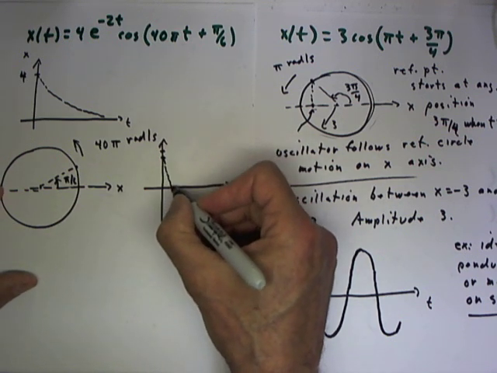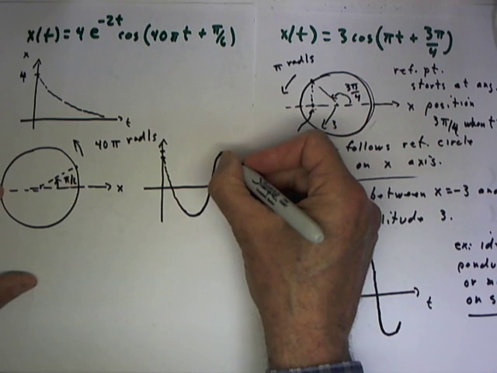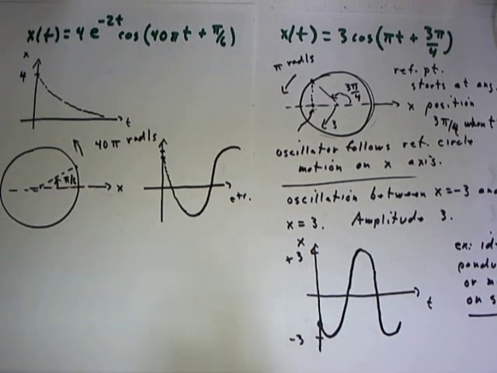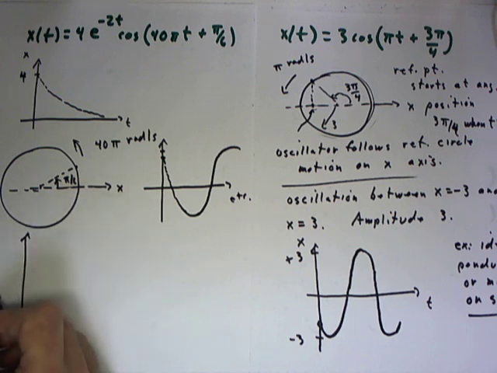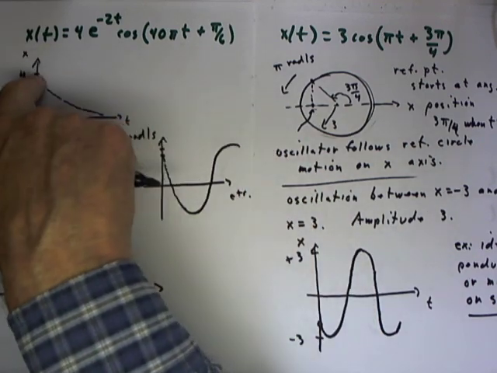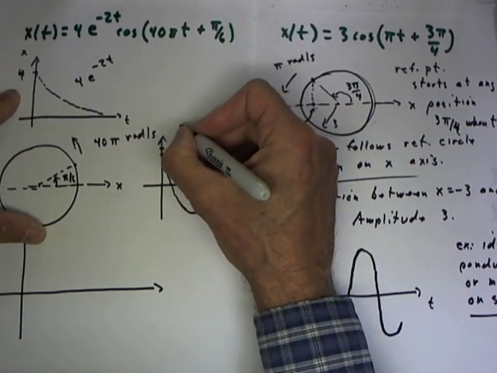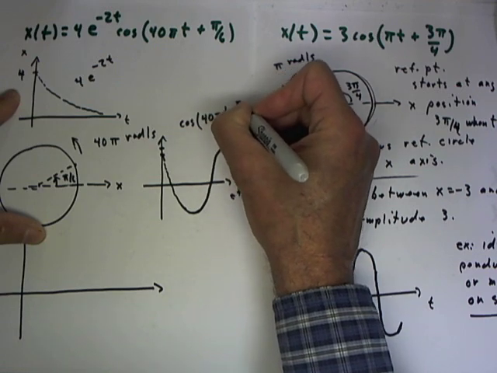So our graph will look something like this, and move on, etc. Now our function x of t is going to be the product of this function for e to the negative 2t and this function cosine of 40 pi t plus pi over 6.